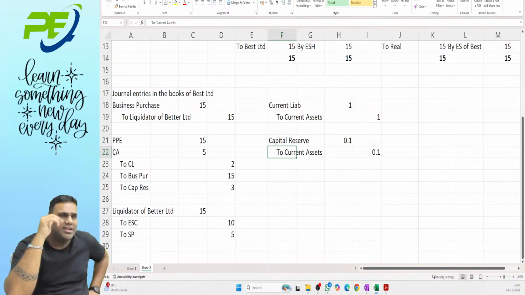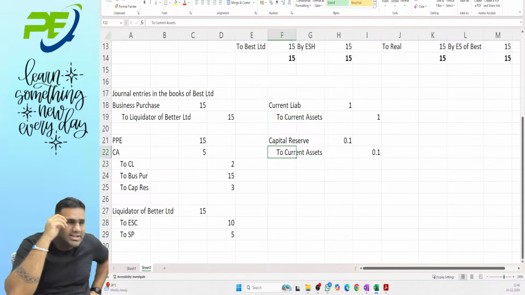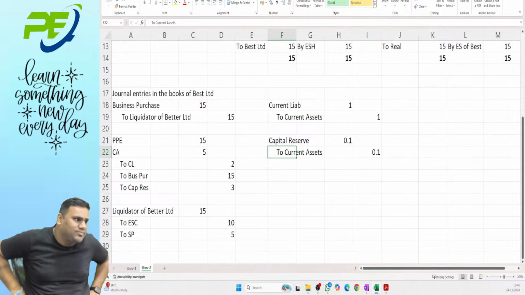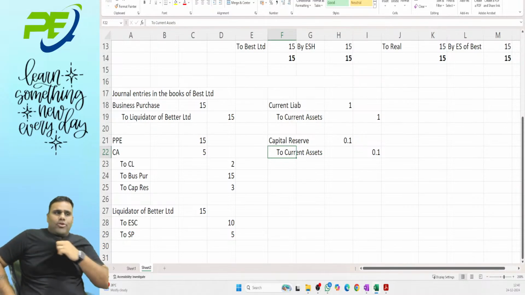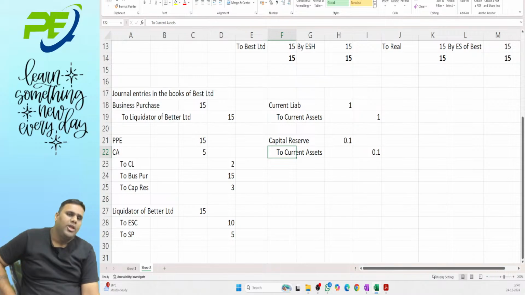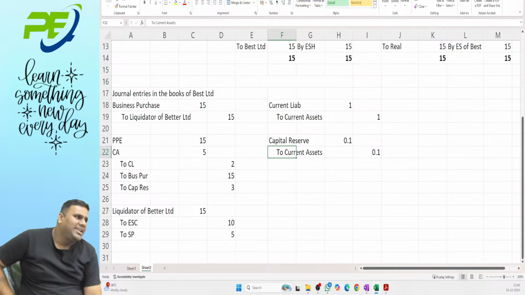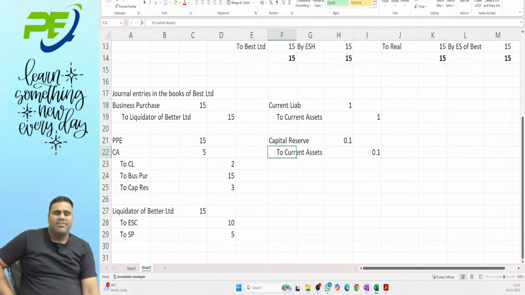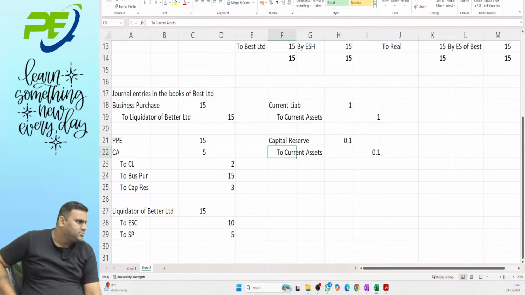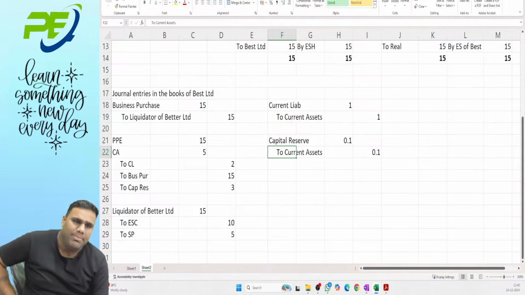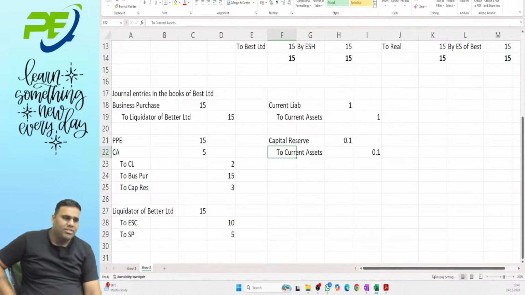In seventh point, sixth subdivision, intercompany owings. Journal is very simple, payable to receivable. It can be loan, it can be creditors, it can be bills, payables to receivables.